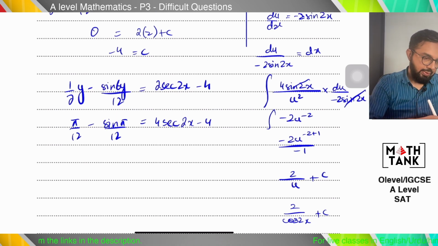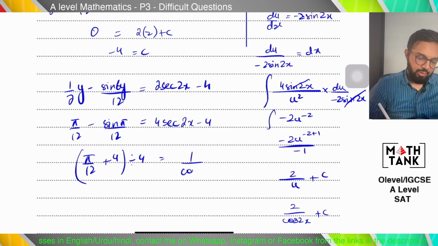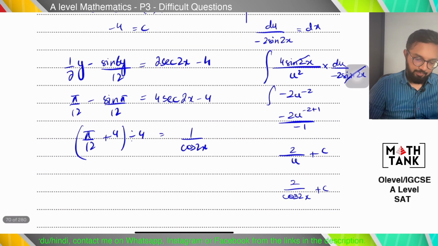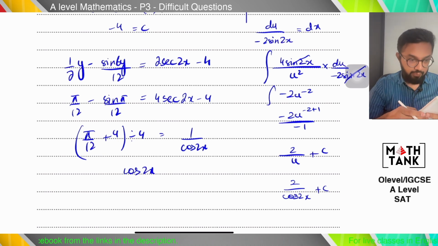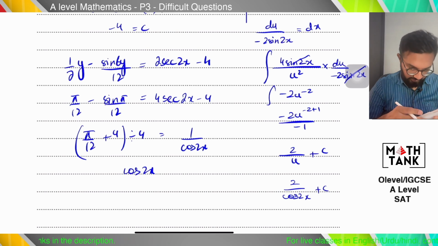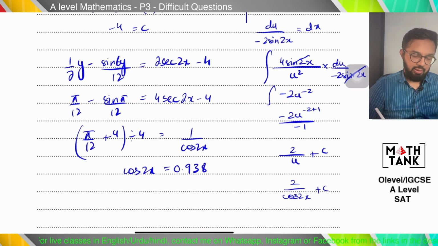So what's sine pi? Sine pi is 0. So pi over 12 plus 4, divided by 4, equals 1 over cos 2x. So cos 2x would be 1 divided by pi over 12 plus 4 divided by 4, which gives 0.9386.